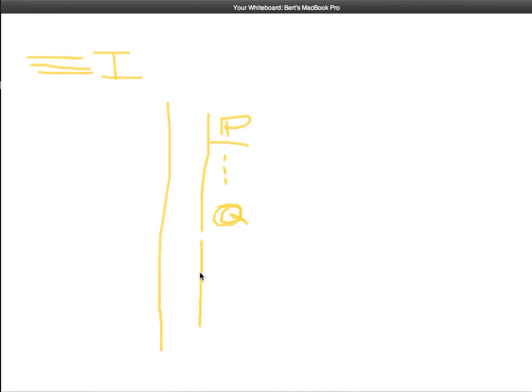And then you also need another auxiliary assumption, not embedded in this one, but on its own. So we've closed off that subderivation, and this time we assume Q as our starting point.